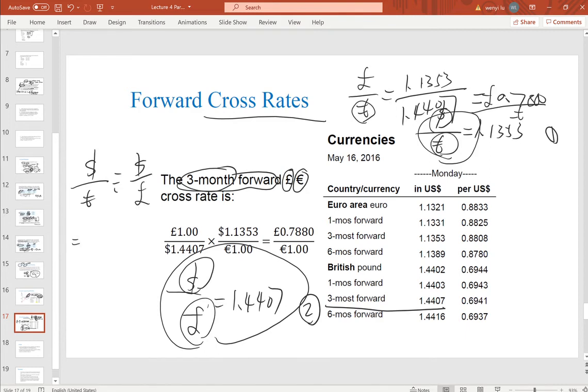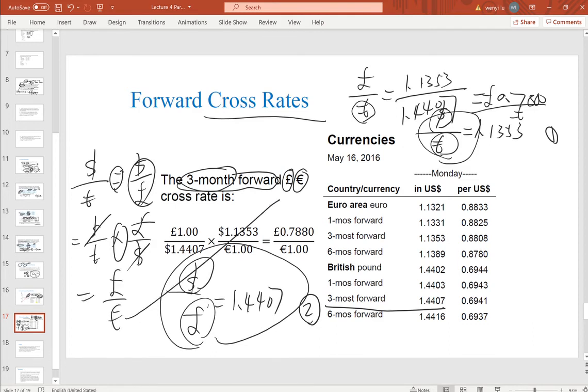As you know, for the inverse of the ratio, we just turn it upside down. So we have the pound to the dollars, right? From the division to the product, you swap the position, and you can see the dollar is cancelled out. So we have the pound to euro. That's what we want to solve.